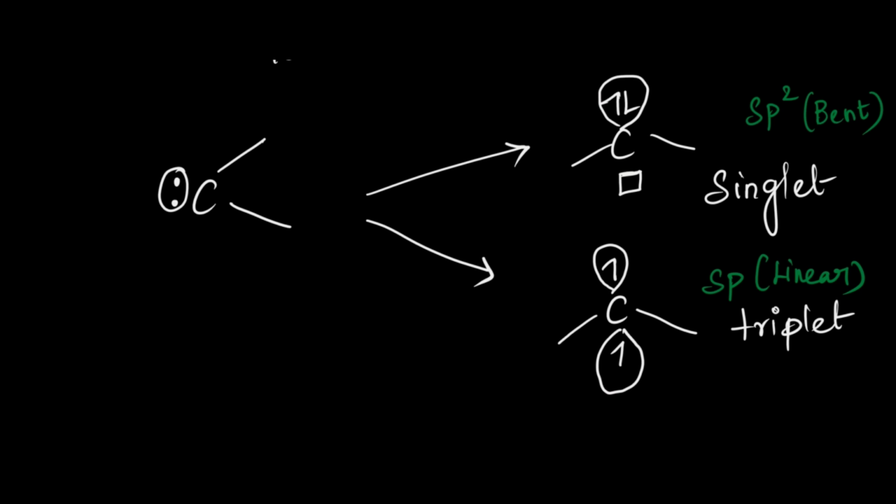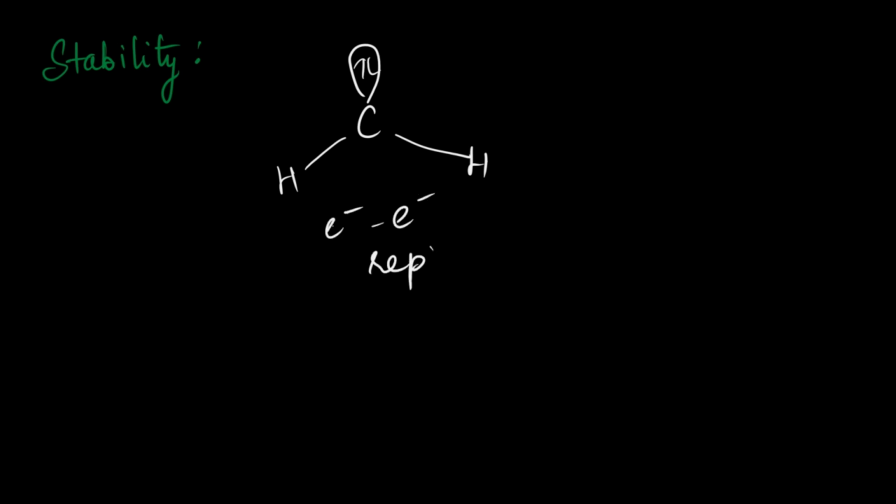Okay, so among these two, which is more stable? While talking about the stability of singlet and triplet, you can clearly see that in case of singlet, there will be more electron-electron repulsion, which makes it less stable than the triplet one, which is not facing any issues.